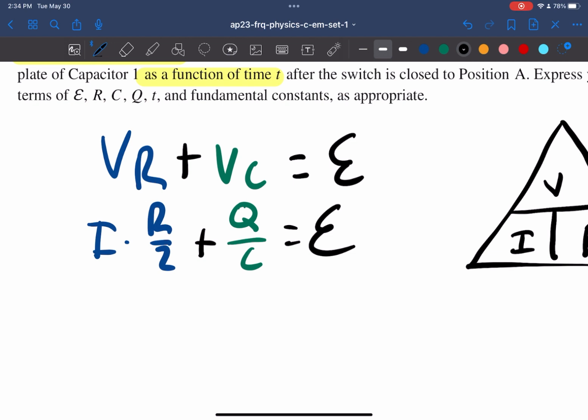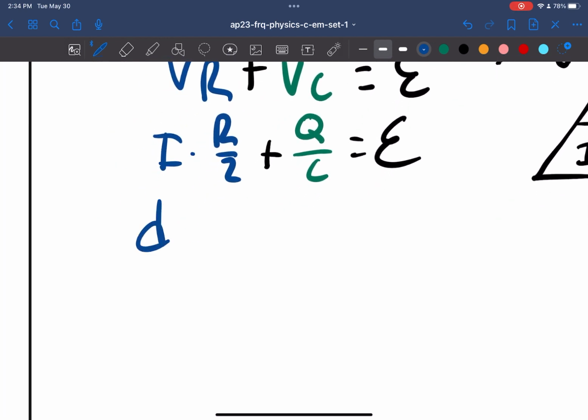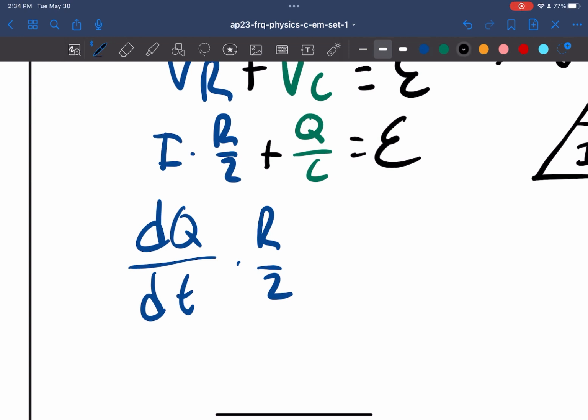To have time in here, we are going to need to use the differential equation I is equal to dQ over dt. Using this will allow us to change the equation to dQ over dt times R over 2 plus Q over C equals the voltage of the battery.